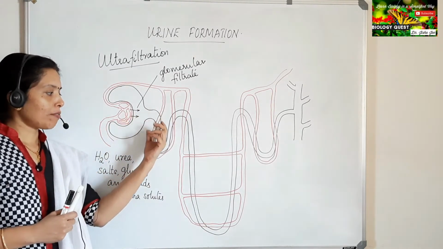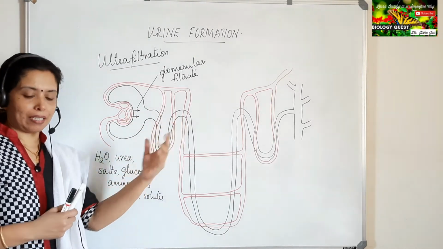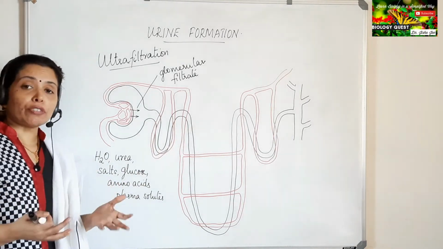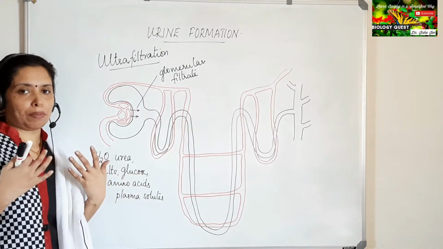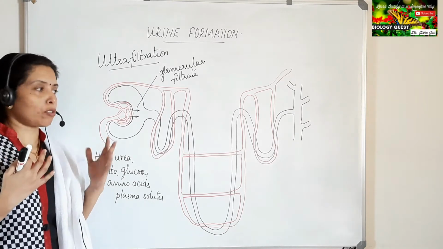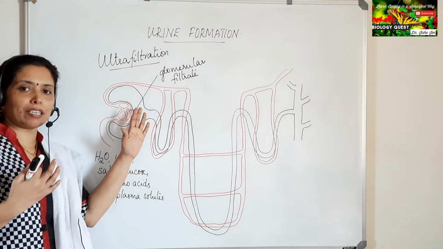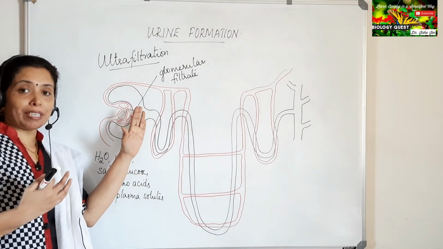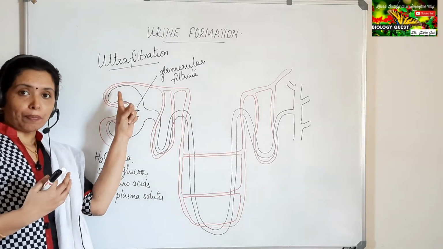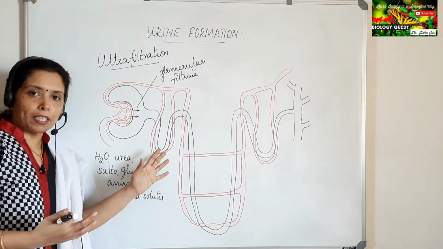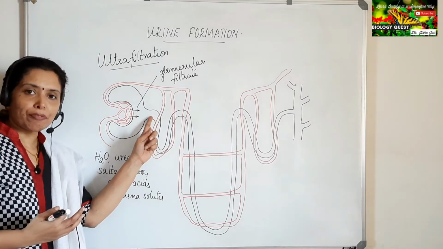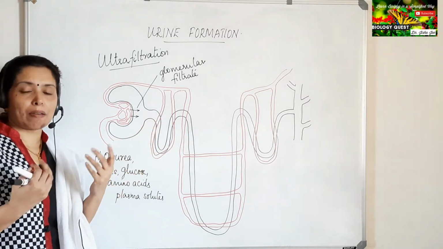As the glomerular filtrate passes through the PCT, much of the water will be reabsorbed, because almost all the water has entered the glomerular filtrate, making the blood thicker. So most of the water present in the glomerular filtrate will be reabsorbed.